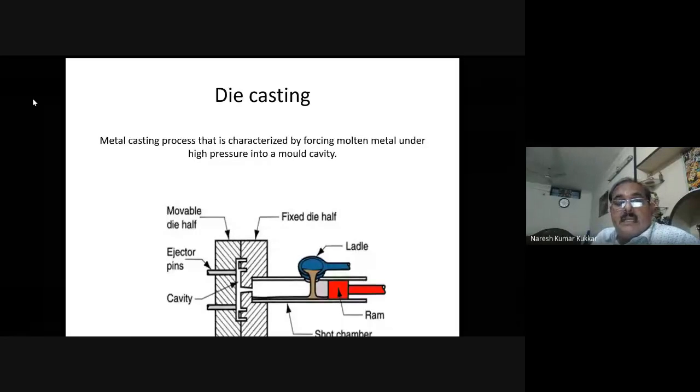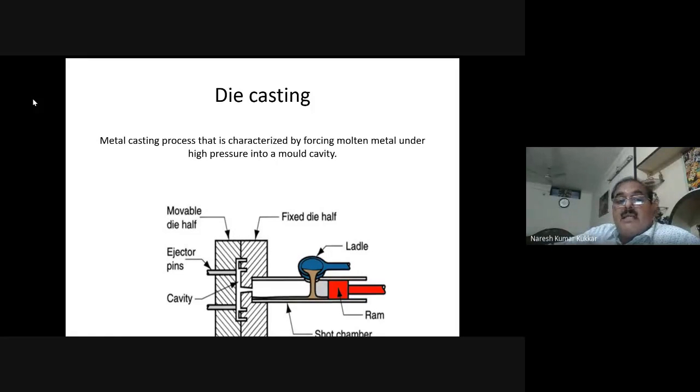Then comes die casting. The metal casting process that is characterized by forcing molten metal under high pressure into a mold cavity is called die casting. Die casting is used nowadays in many industries.